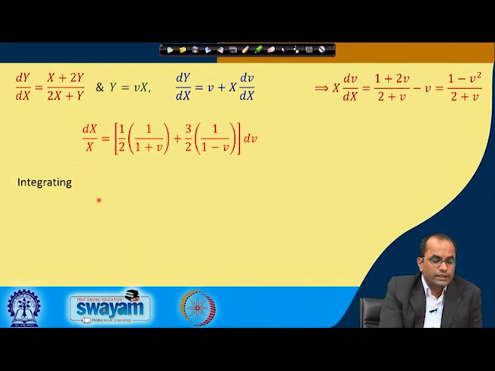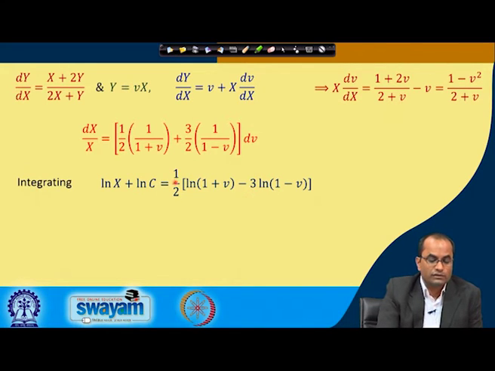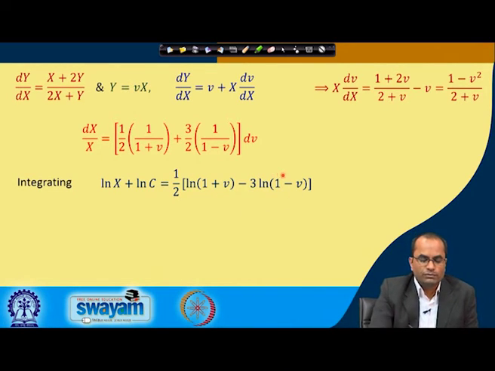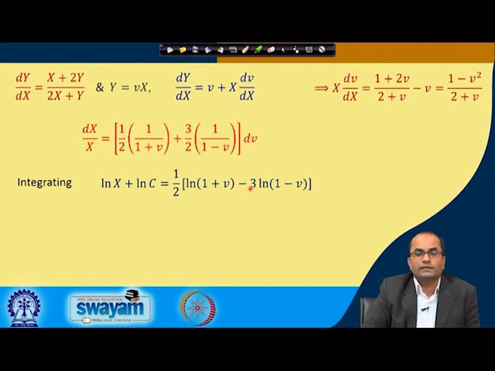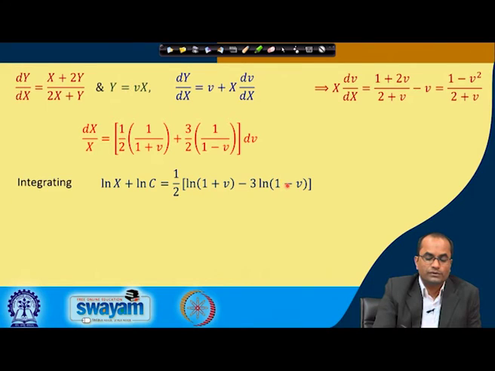So, here by integrating this we get ln x and this constant here ln c, and is equal to half, again here ln 1 plus v minus 3 times, this half is outside. So, this is just minus 3 here because of this minus sign, and ln 1 minus v, assuming that these are positive numbers, otherwise we have to take the modulus as well.